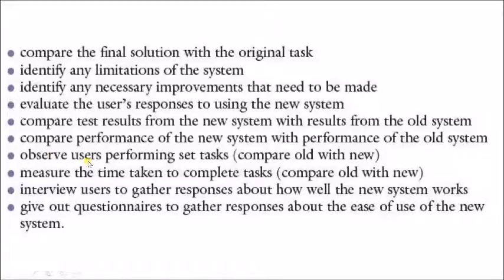Observe users performing a set of tasks, comparing old with new. Also, measure the time taken to complete the task, because this goes back to performance. Interview users to gather responses about how well the new system works. Also, give out questionnaires to gather responses about the ease of use of the new system.